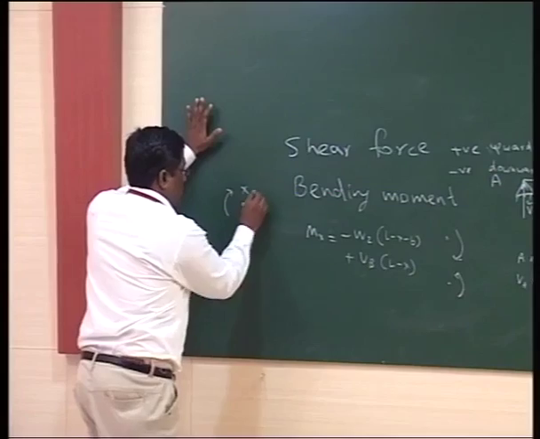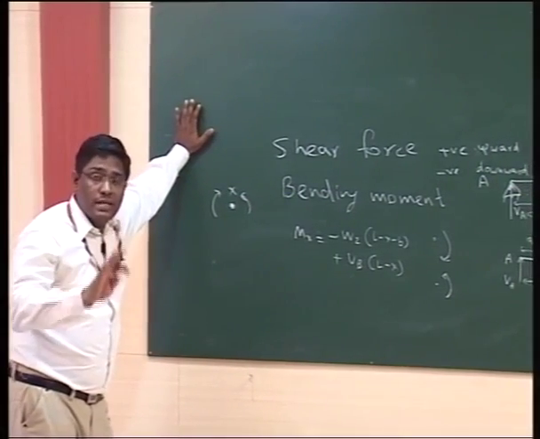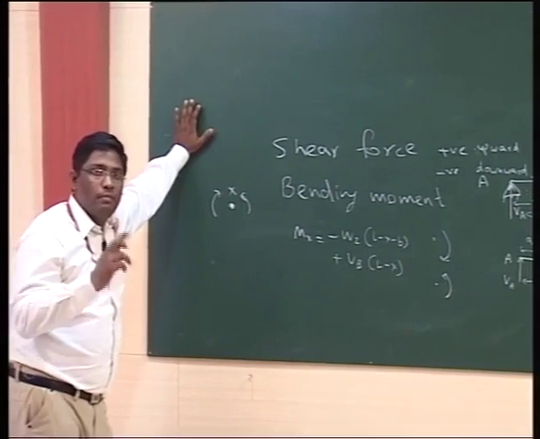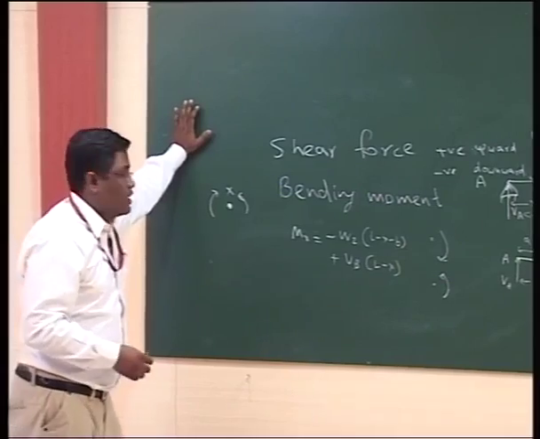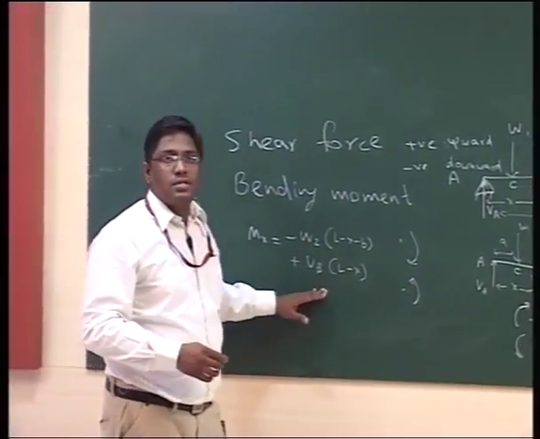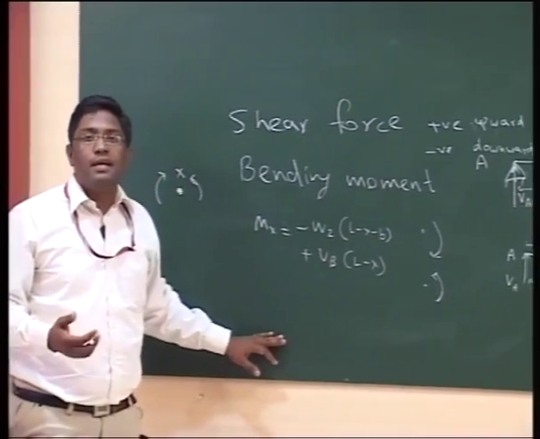That means at this particular point, both the bending moments will be equal. They have to be equal to maintain the equilibrium, but their direction has to be opposite. So such a type of moment is known as bending moment.